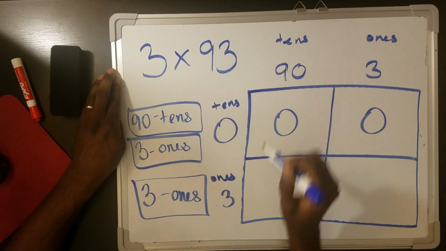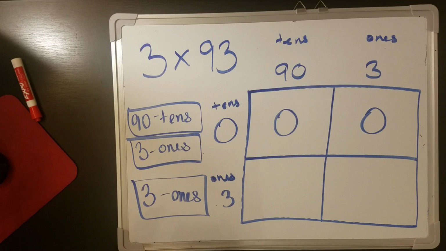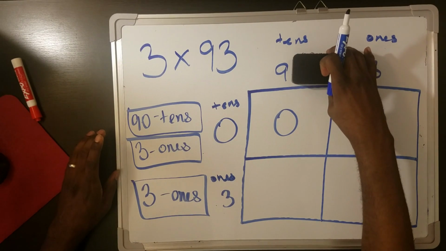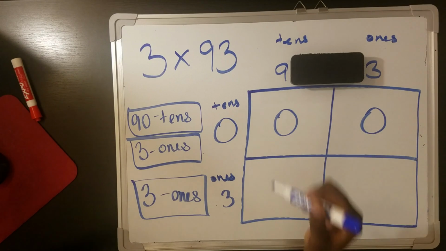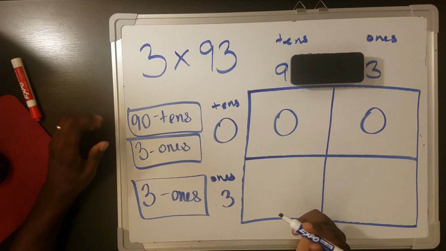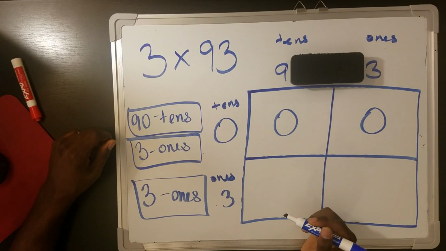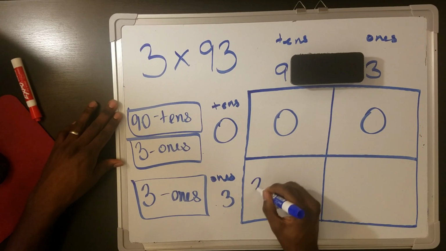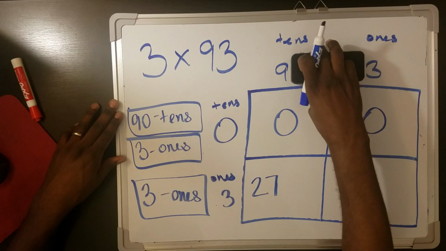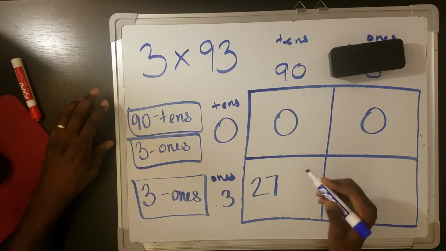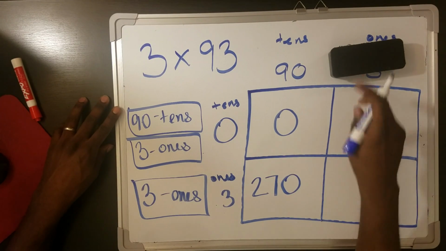3 times 90. Once again, if you're having a hard time, let's block out that 0. Now what's 3 times 9? 3 times 9 will be a little bit easier to do, right? 3 times 9 is going to be 27. And now we bring back our 0 and tack it on to the end.